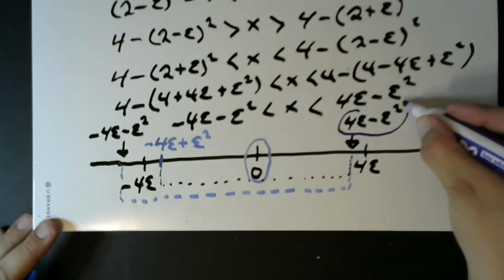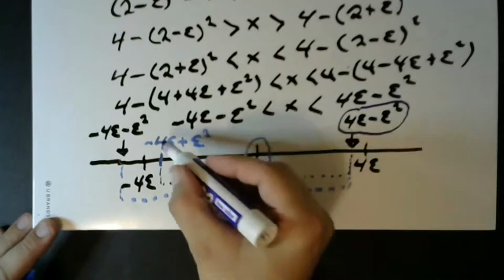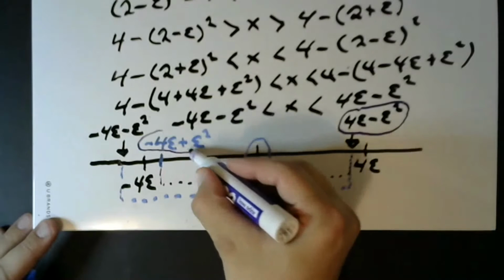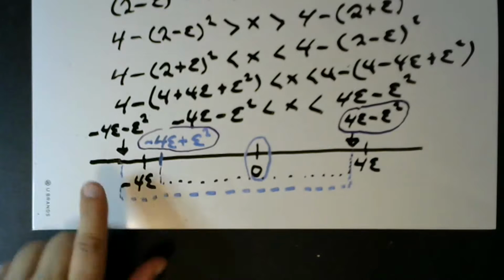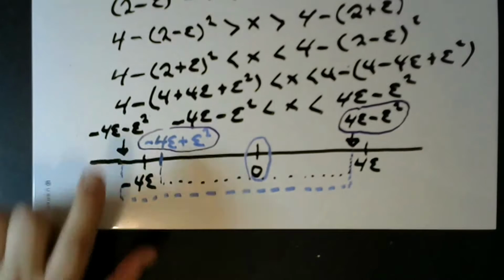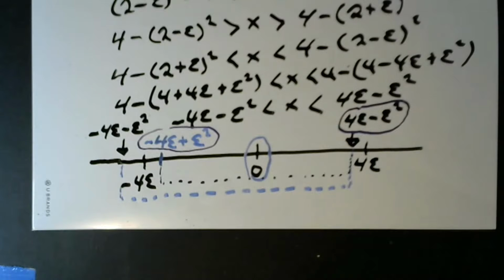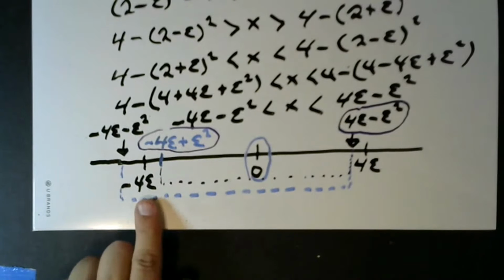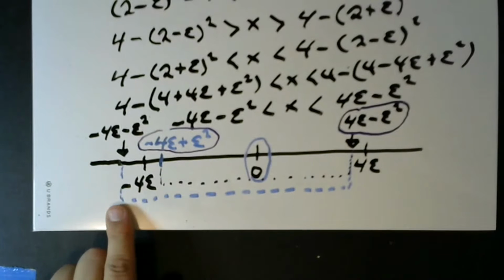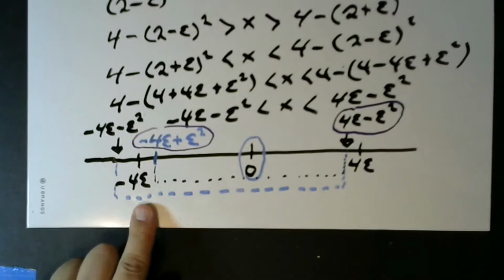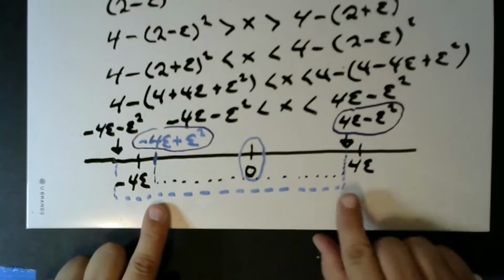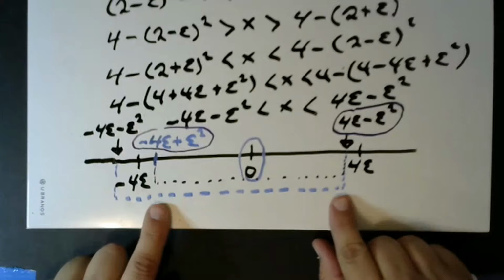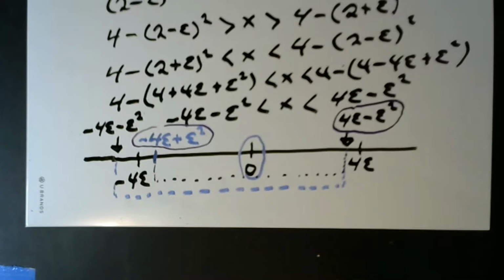Now this is one that we started with. This is one that's still within this interval, but it's even closer to 0 than minus 4 epsilon minus epsilon squared. Take minus 4 epsilon, instead of subtracting epsilon squared, take minus 4 epsilon and add a little positive number to a negative number. It's going to bring you closer to 0. So we're going to try to put x between these values.